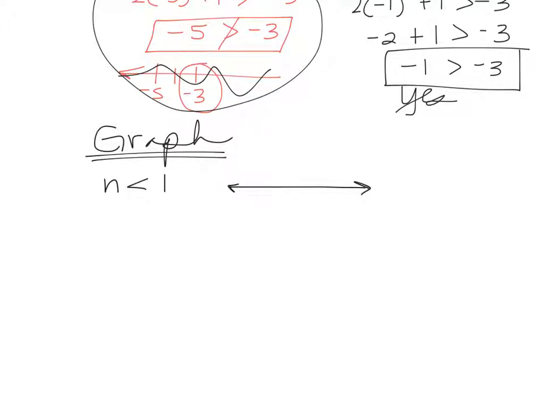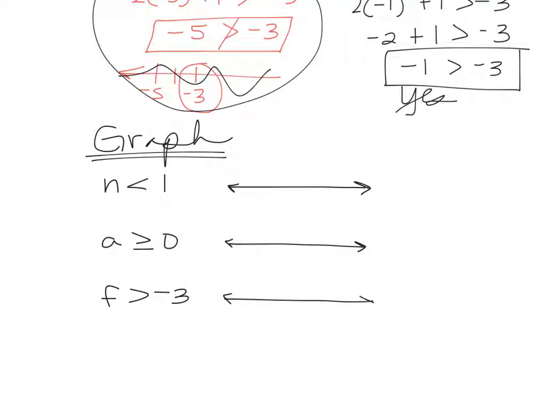Okay, we're going to do that one. We're going to do a is greater than or equal to 0. We're going to do f is greater than negative 3. And we're going to do negative 2 is greater than or equal to x.